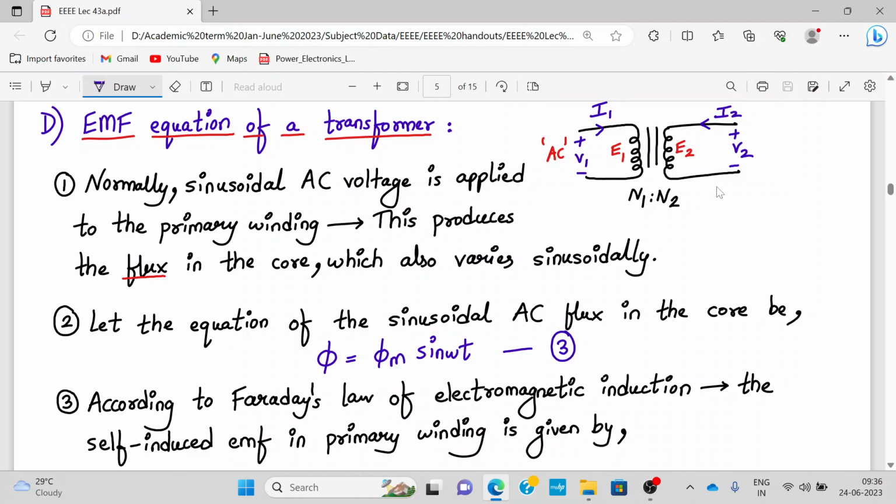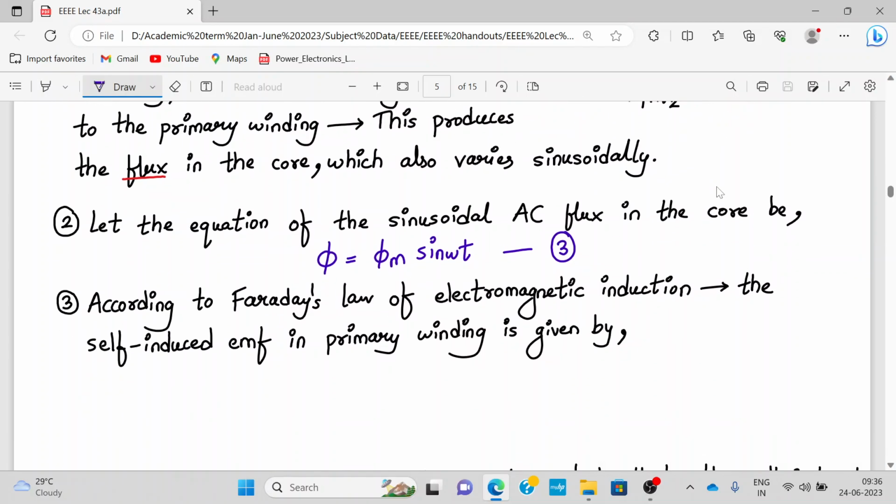As per Faraday's laws of electromagnetic induction, the self-induced EMF in the primary winding, E1, is given by minus N1 d phi by dt, which we have seen before. Now what is phi? Phi m sine omega t. So we have to differentiate that term.